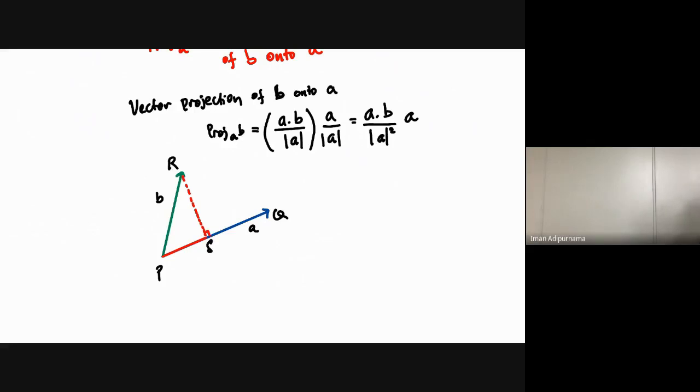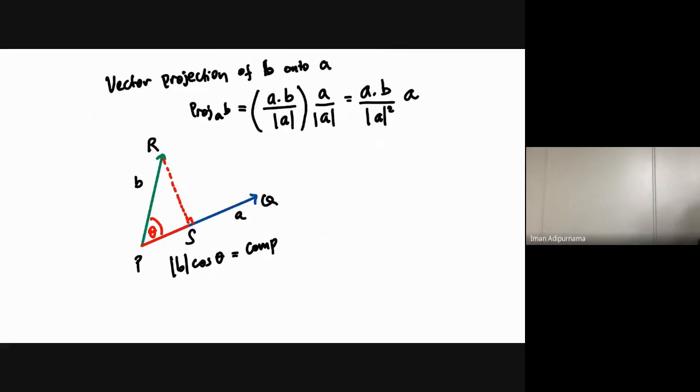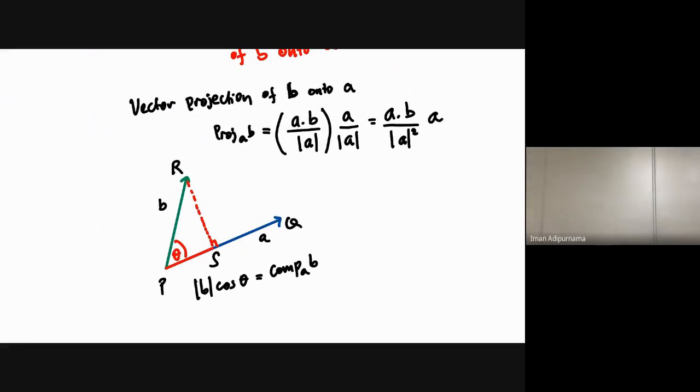Let's write a new point S here, and make a theta in between A and B. In this case, I will write B cosine theta as the component of B along A. Now the difference between this and the previous picture is that this red line here is not a vector.